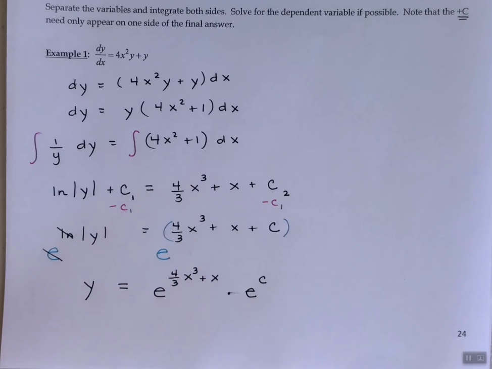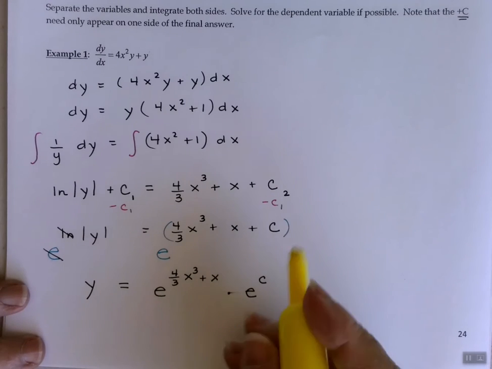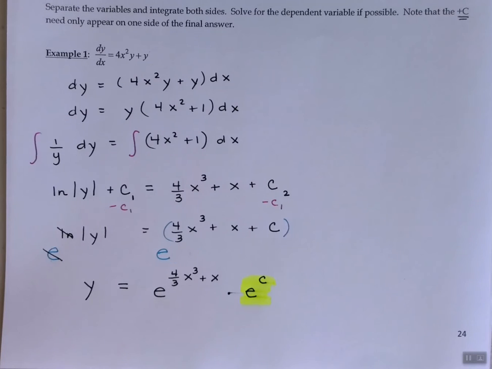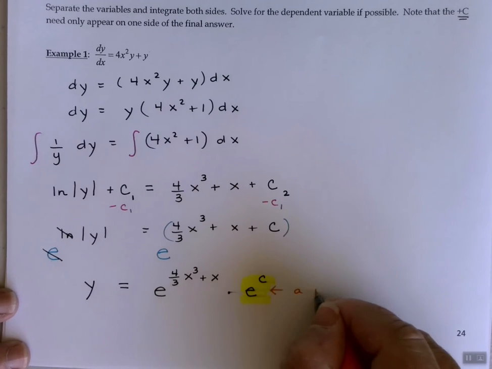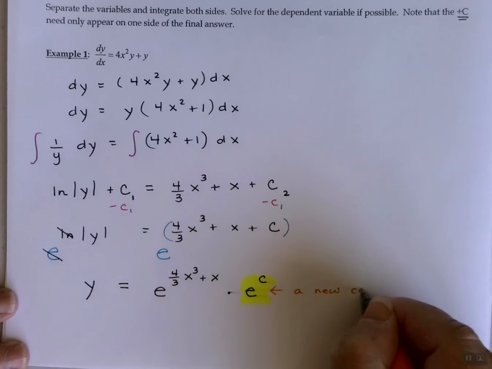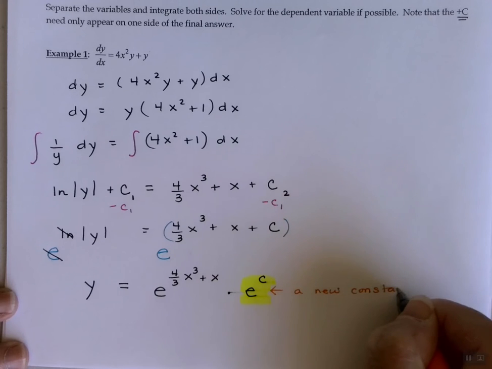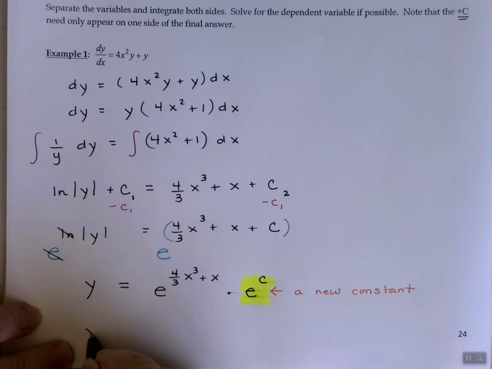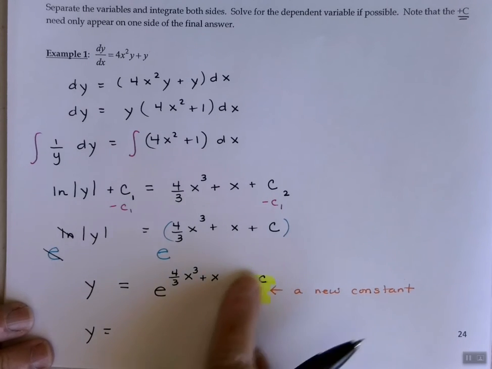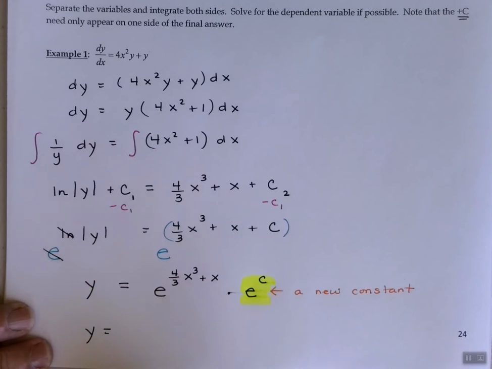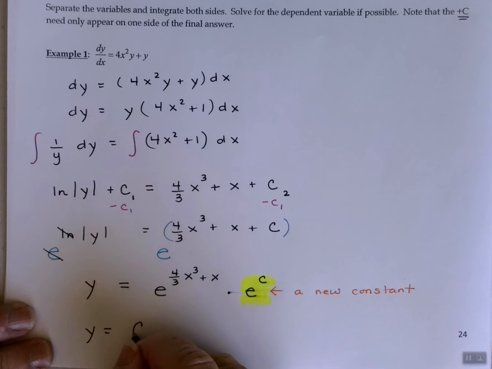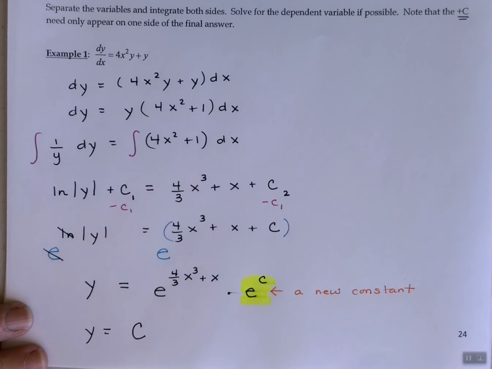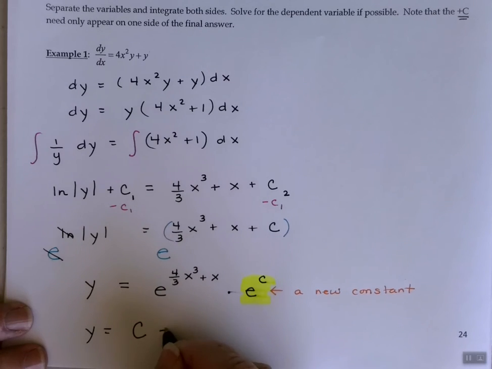But then I'm going to notice that e to the c is just another new constant. So when I write my final answer, what I'll usually do is say, hey, this is like a constant multiplier now. So let me write this as capital C out here in front, times e to the 4/3 x cubed plus x.